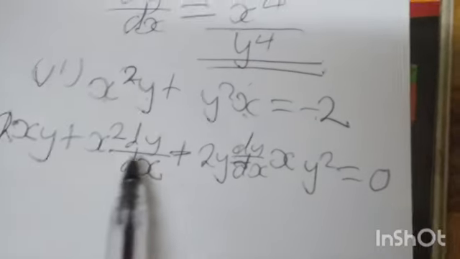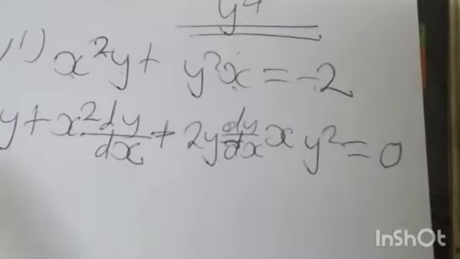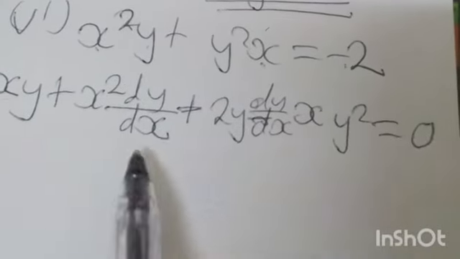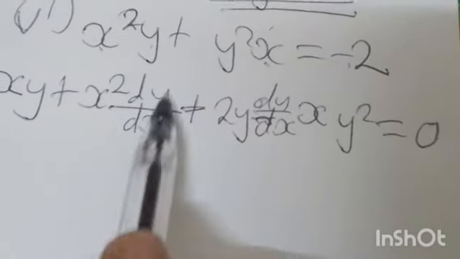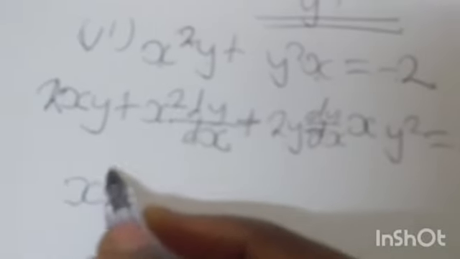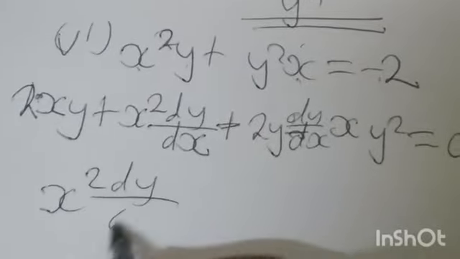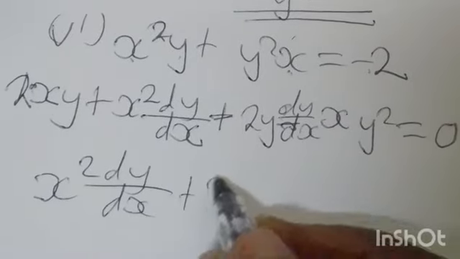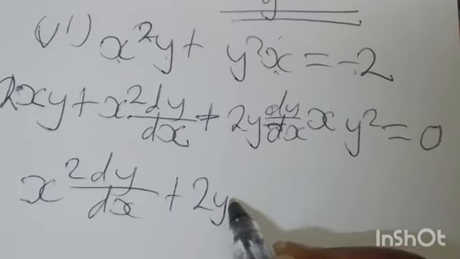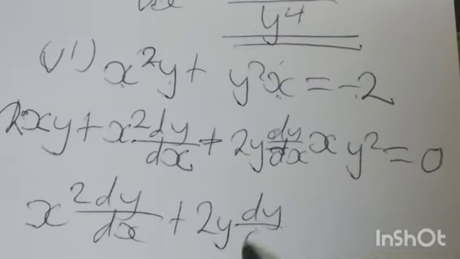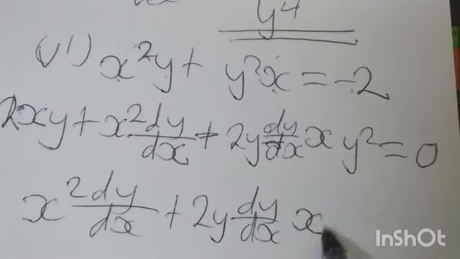So whatever has dy over dx should remain here, and whatever doesn't should cross the equal sign. Which terms have dy over dx? We have this here, and we also have this here. So it will be x squared dy over dx plus 2y dy over dx. We also have this x here.